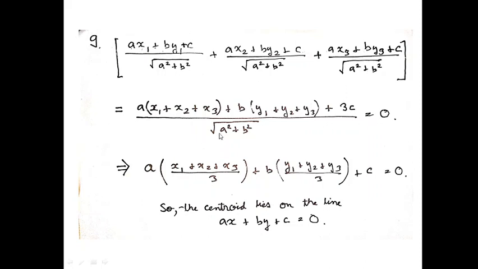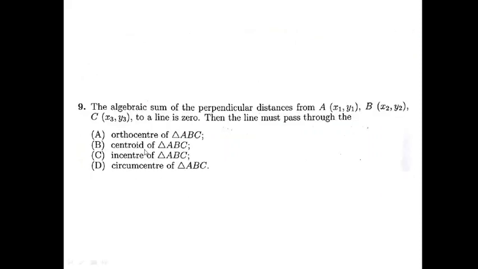So root over a square plus b square on multiplying by 0 becomes 0, and we divide the whole equation by 3. We'll get a into (x1 plus x2 plus x3) by 3 plus b into (y1 plus y2 plus y3) by 3 plus c equals 0. So this point, x1 plus x2 plus x3 by 3 and y1 plus y2 plus y3 by 3, represents nothing but the centroid, and so the line also passes through the centroid.